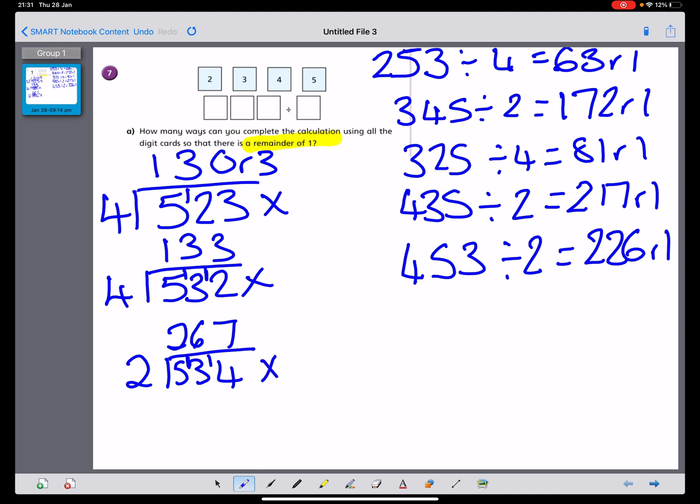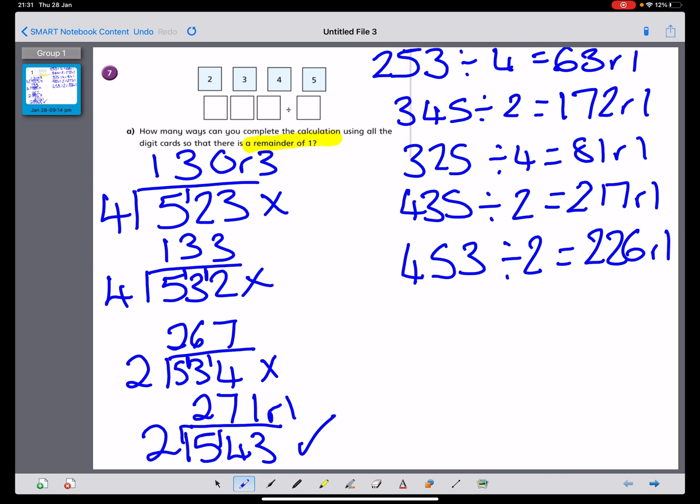That does not work. Okay, I'm going to use the same digits there but swap them round. 2s into 5 go 2 with 1 remaining. 2s into 14 go 7. And 2s into 3 go 1 with 1 remaining. So that one does work.